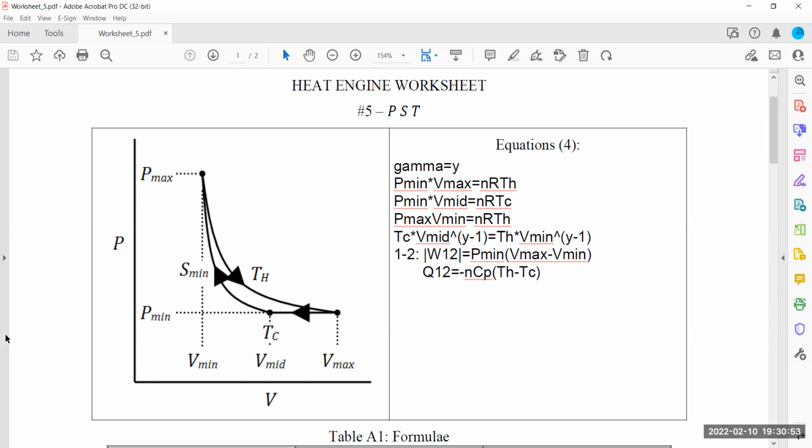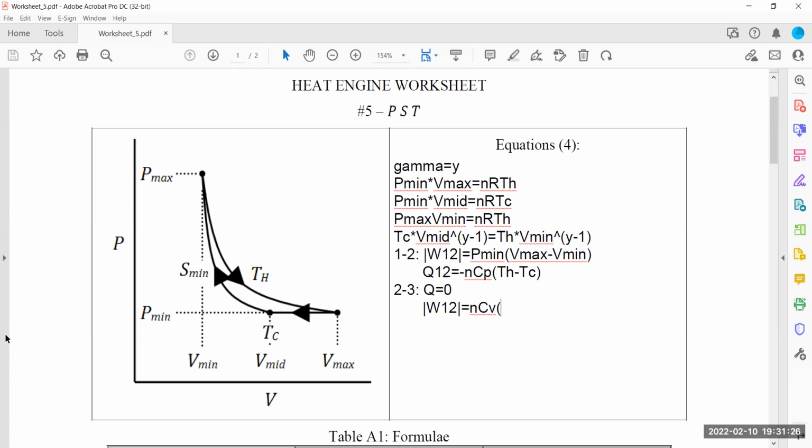You can find delta U if you like and do all of the other things for it. For right now, I'm going to stick to this value. From 2 to 3, that is the Q equal to 0 stage. And also the W in this case is equal to, we're going to take it in absolute value in this case, okay? It's going to be nCV times delta T. Why?